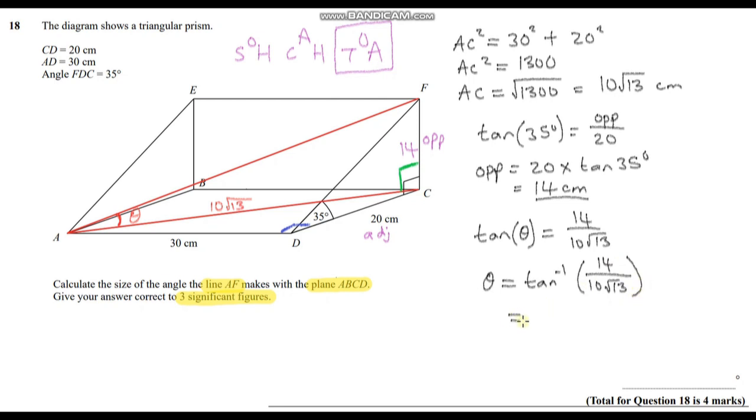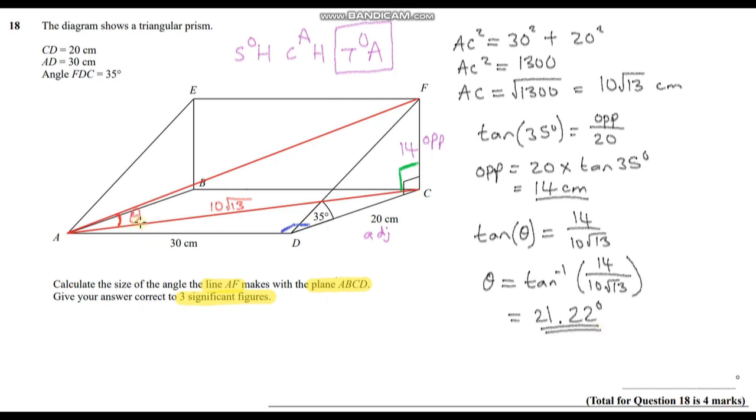And now we can type this into the calculator. Shift tan, 14 over 10 root 13. Again, be careful when you're typing this into your calculator. And we get 21.22 degrees. And that looks about right.